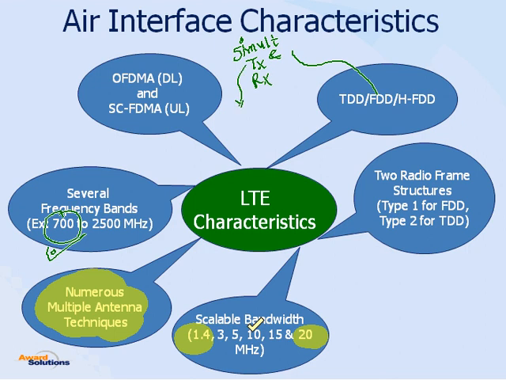So we transmit on, let's say, F1 carrier frequency, and receive on another carrier frequency F2 exactly at the same time. However, in half FDD, we can do either transmission or reception, not both, either transmission or reception.